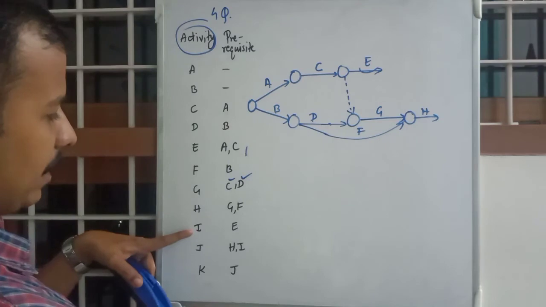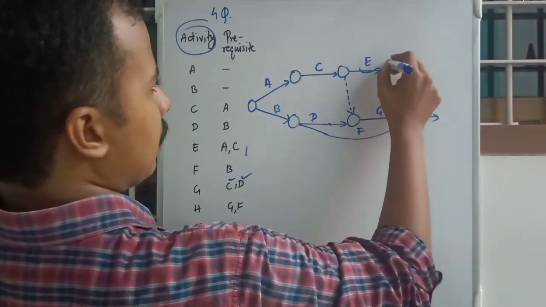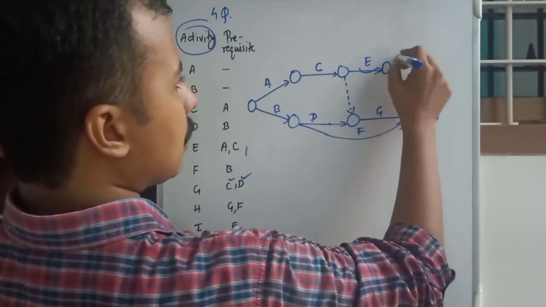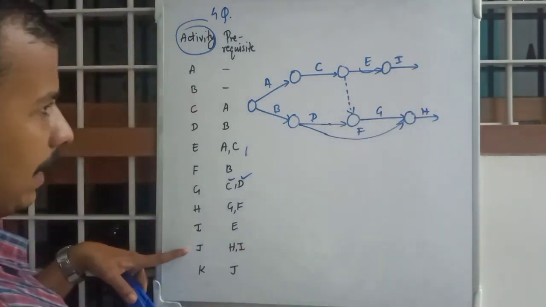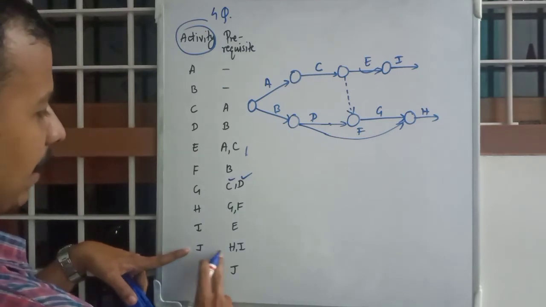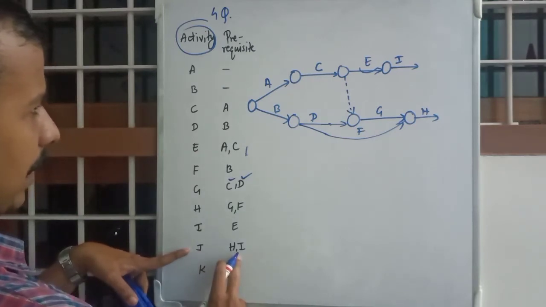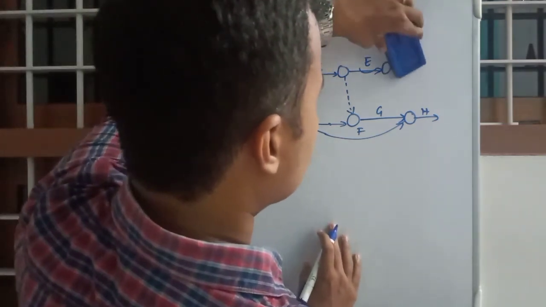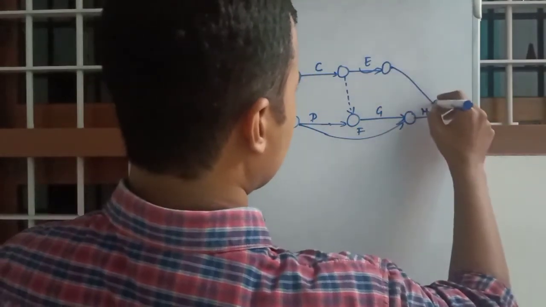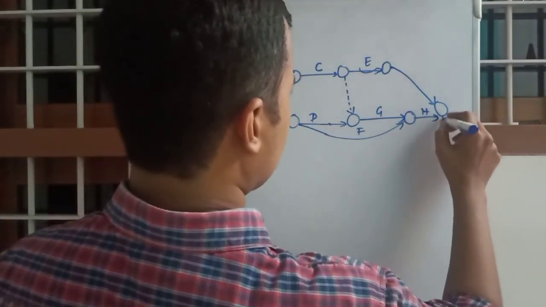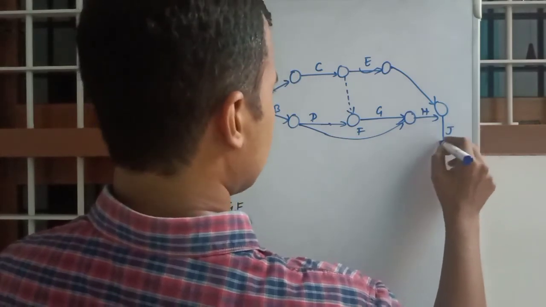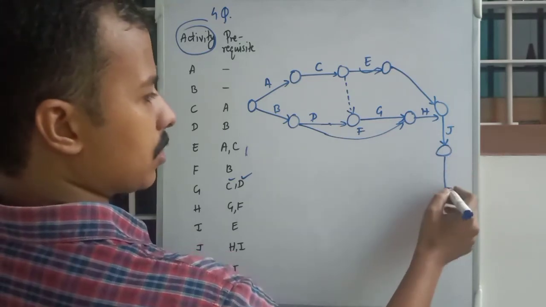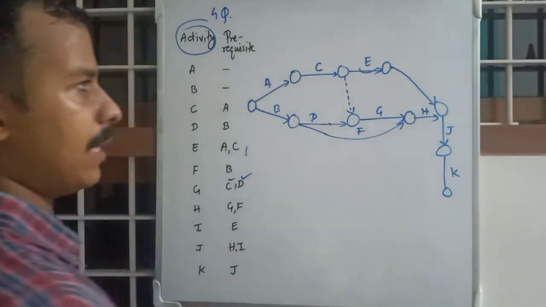Okay, and then you have I as a single prerequisite of E, simple, and you have J with I and H as prerequisites. So you can draw like this. J, and next one K. J is the only prerequisite, so this is K.